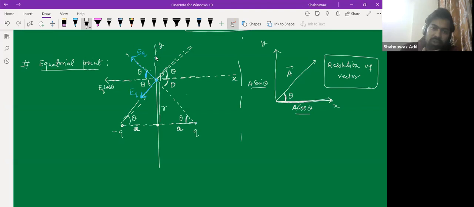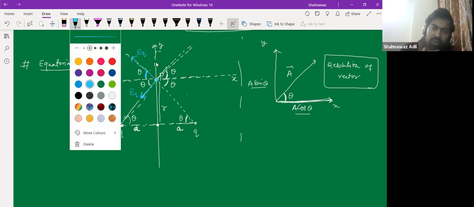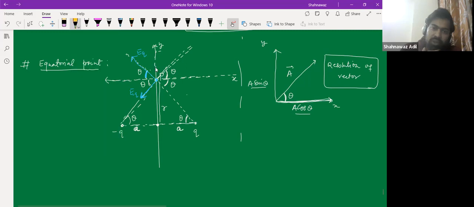And then this is the y component. This is EQ sin theta. Let me write it with different colors. This is EQ sin theta.